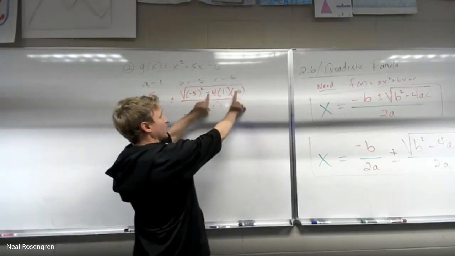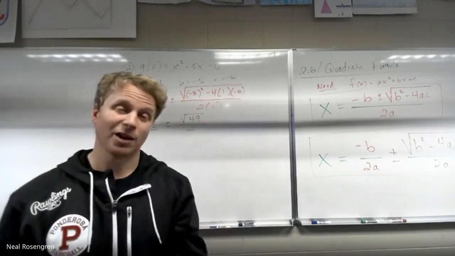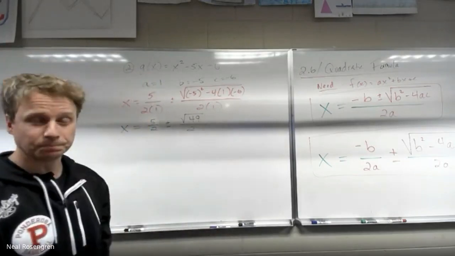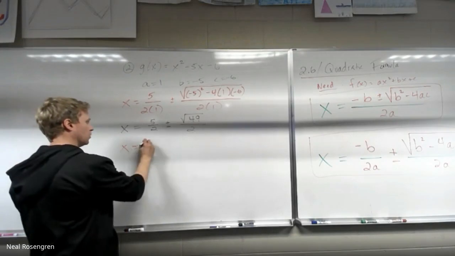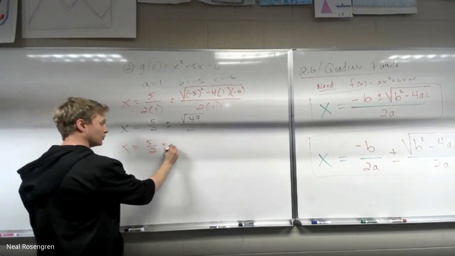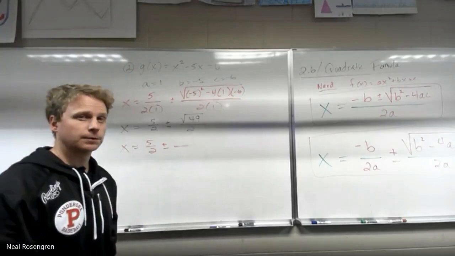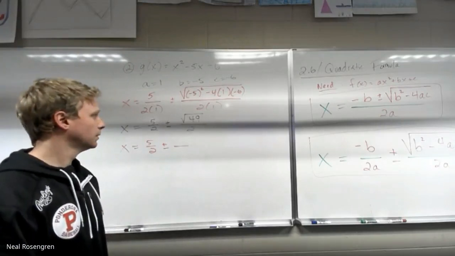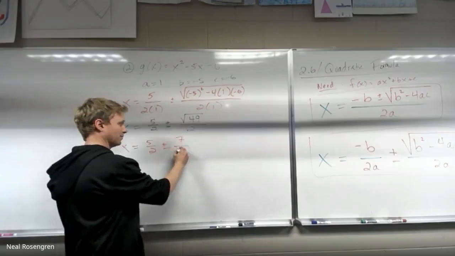And then, because you got a couple negatives, plus 24. 25 plus 24 is 49. Does anybody know what the square root of 49 is? Isn't it 7? It is.